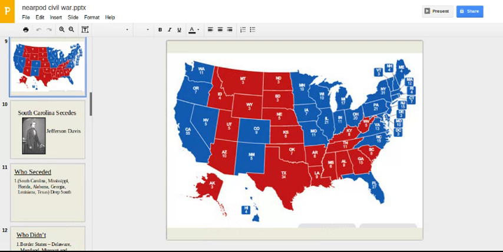Some would say we're torn by sectionalism today. This is a recent electoral vote, and you can see that these geographic distinctions kind of hold true. Even to today, these states in the middle are oftentimes states that have been known to swing, like Missouri, for example, which is oftentimes a state that can vote Republican or Democrat depending on the election.